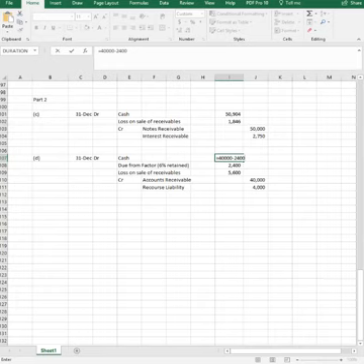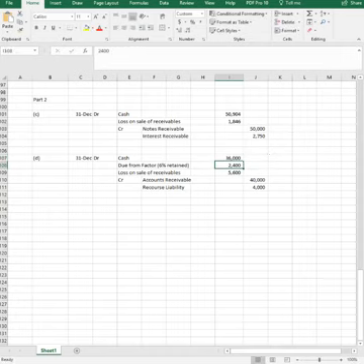So they're basically holding it aside. It's a holdback, and if they don't collect them all, they'll keep the 2,400 and use it to offset it. And then of course we also have the fee, which was 1,600, calculated as 0.04 times 40,000. That should still work. Okay, 36,000 is the amount of cash we get.